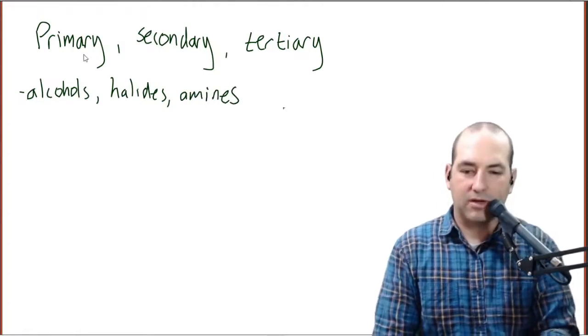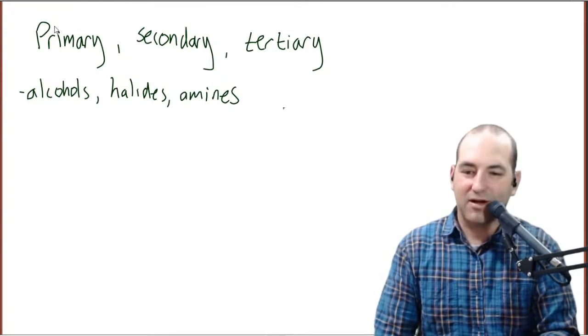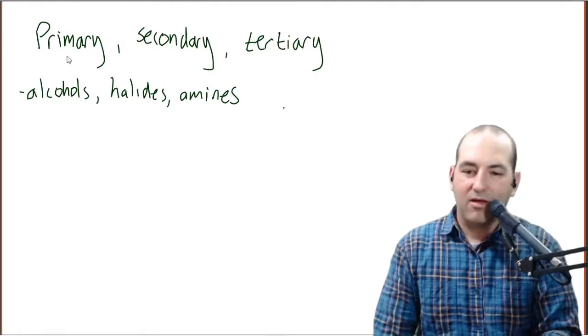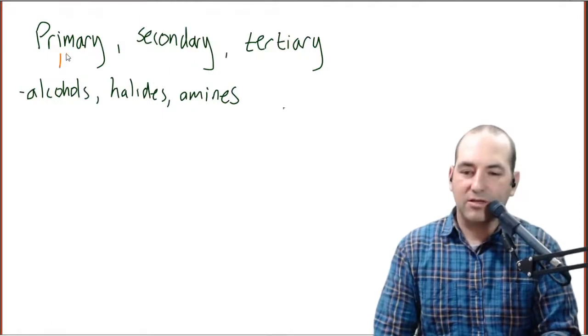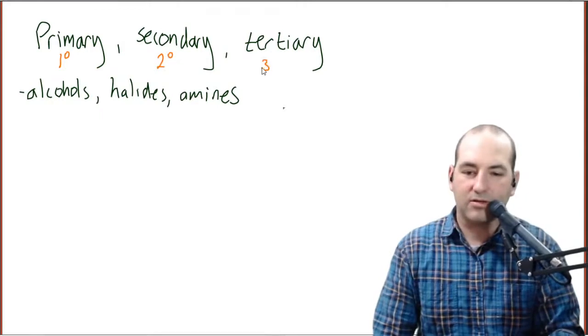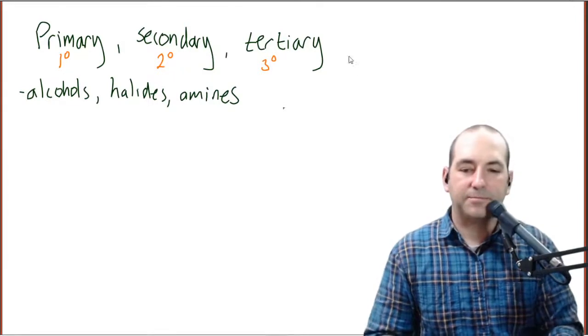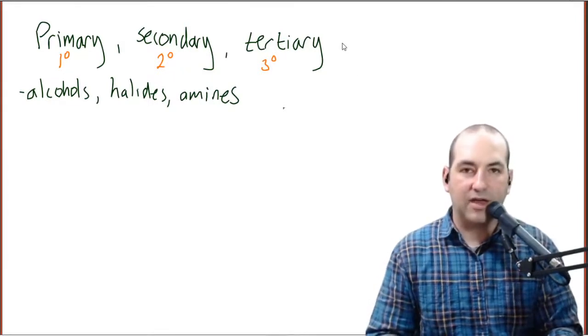Sorry, my computer's slowing down, so it's making it harder to write. And the symbols we use for primary, secondary, and tertiary are 1 with a little circle, 2 with a little circle, and 3. So like first degree, second degree, third degree. And it's a measure of how many carbons are attached to that particular functional group.